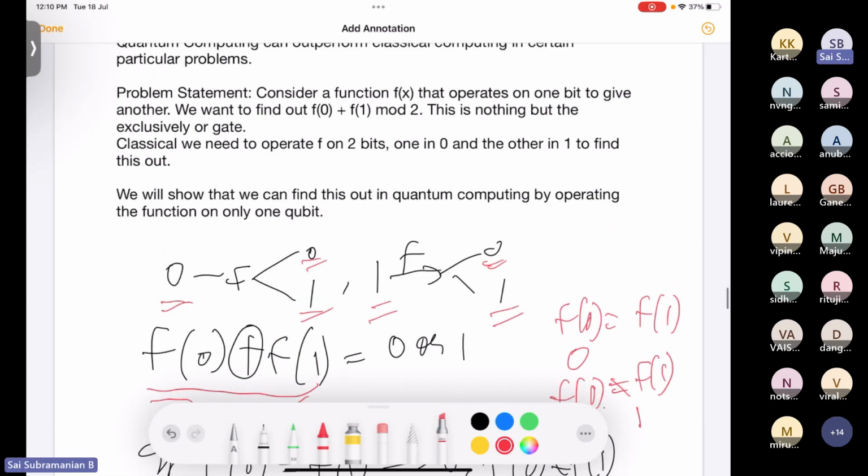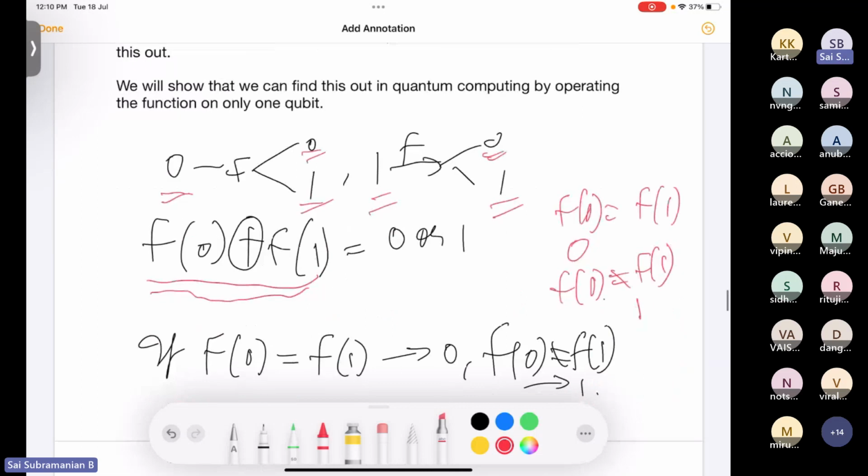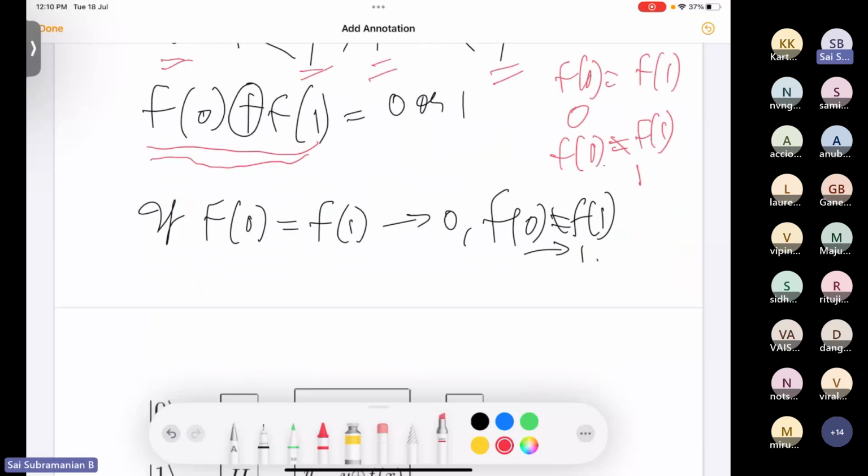And we want to calculate this using classical or quantum computing. In classical computing, how can we do this? We will have to operate f on 0, operate f on 1, and then take the exclusive OR and check whether f of 0 is equal to f of 1 or not. We will have to use f 2 times.